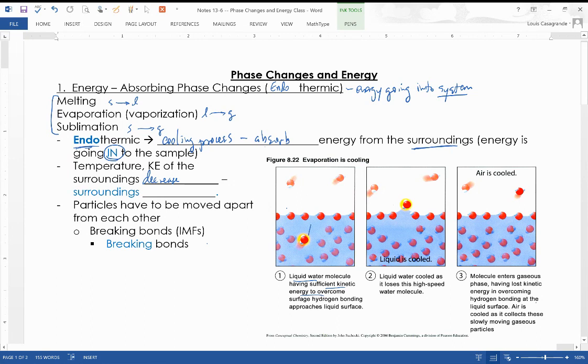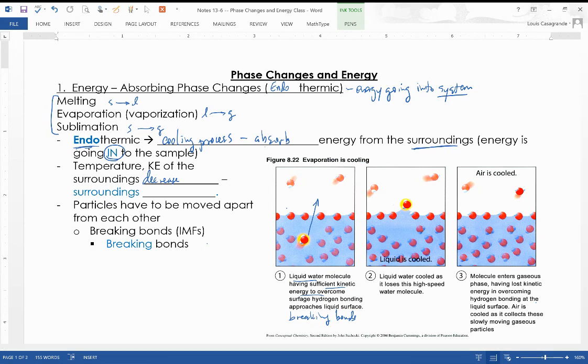So it's going to come through the surface. And as it comes through the surface, it's going to break those hydrogen bonds, and that requires some energy as well. So breaking the bonds requires energy.